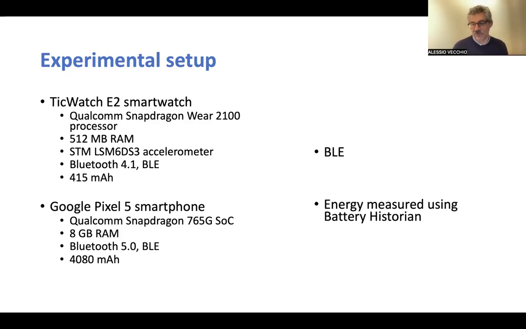We are not interested in the consumption of the smartphone, and the reason is that the battery on a smartphone is much larger than the one available on a smartwatch. So we take care only of the energy consumption of the smartwatch side.